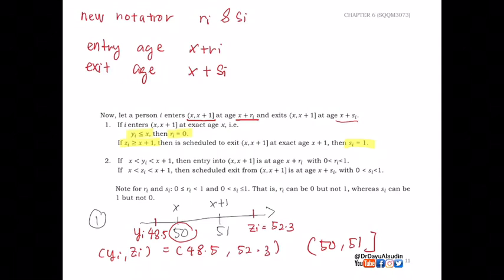So we consider ri equal to 0. And zi is greater than x plus 1, so we consider si is 1. Okay, so this is the first case. If yi is before x and zi is after x plus 1, ri and si are equal to 0 and 1.